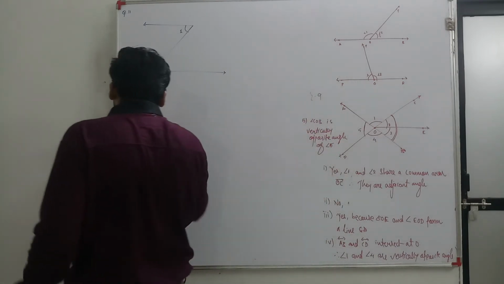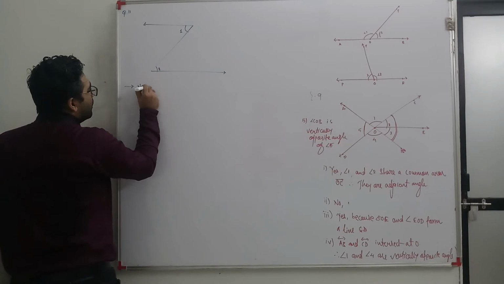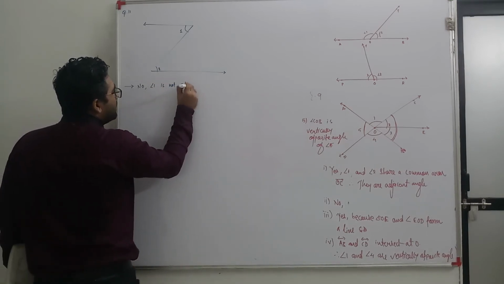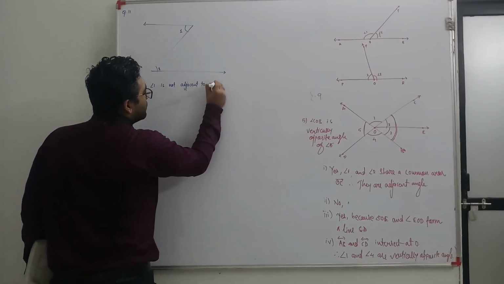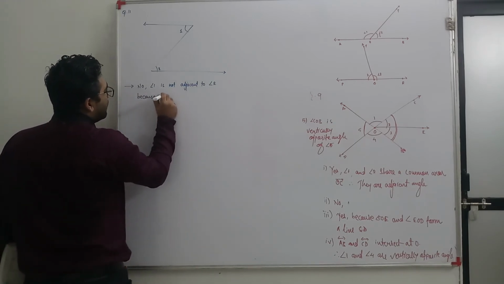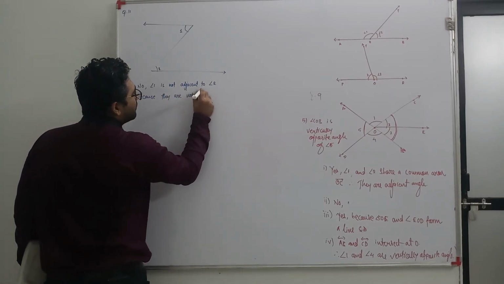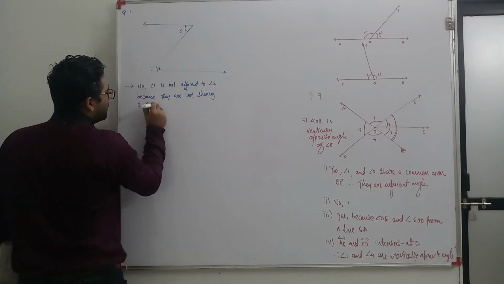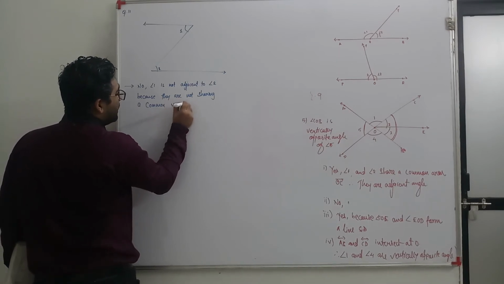So we can say that no, angle 1 is not adjacent to angle 2 because they are not sharing a common vertex. Whether they are sharing a common arm.